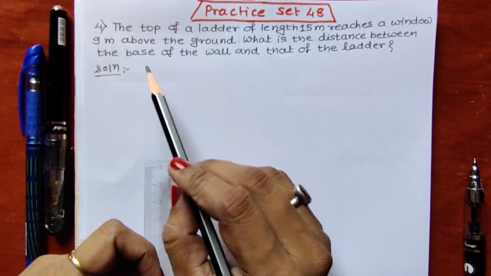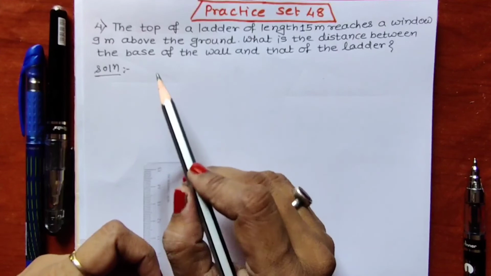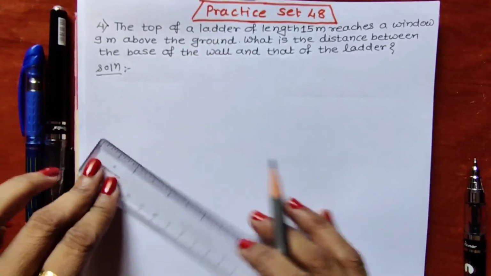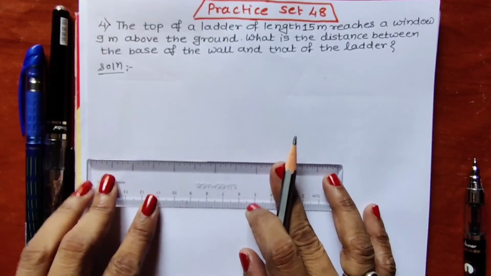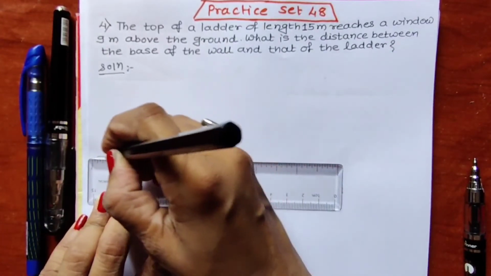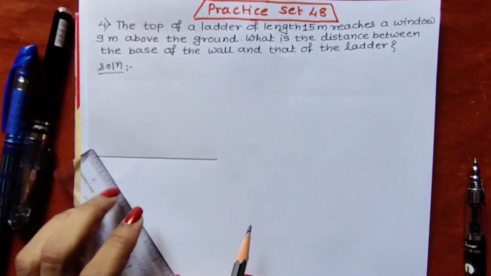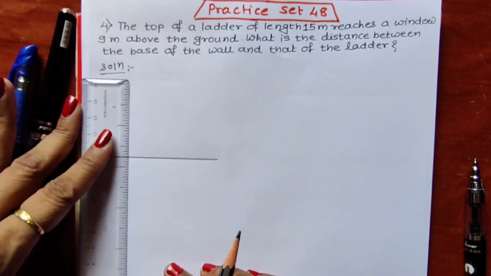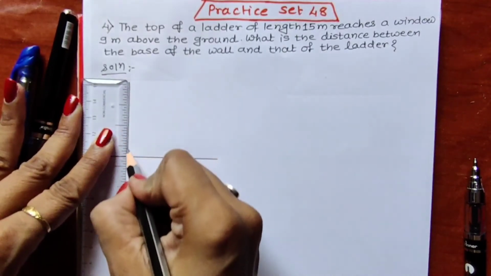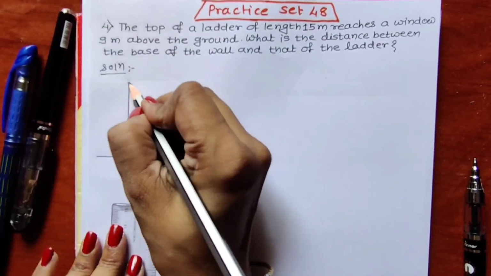There is a building, and in that building there is a window, and that window is 9 meter above the ground. For example, if this is a ground, the ground will be horizontal like this, and from that ground there is a window in a building. That window is 9 meter above. Okay, so this is the window here.